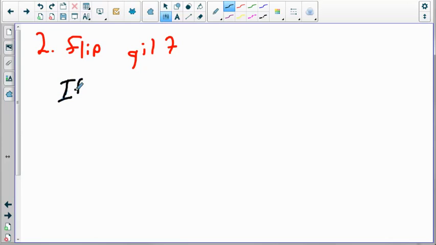If negative x is greater than some number, then x, because we can't graph negative x, we have to graph x, then x is less than the negative of that number. If you flip the sign, you have to flip the inequality, is what I'm trying to say.